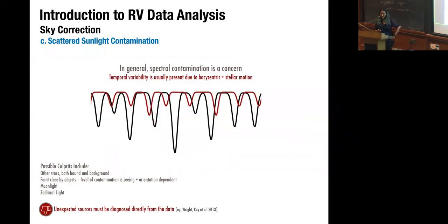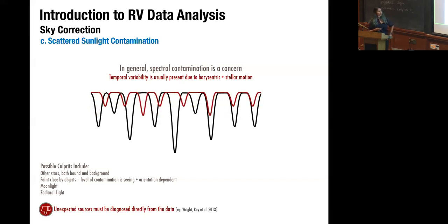Lastly, spectral contamination in general. Anytime you have something that looks like a spectrum, whatever kind of spectrum that is, moving relative to this black spectrum, which is your star here, you're going to have trouble measuring these lines at the precisions we care about.